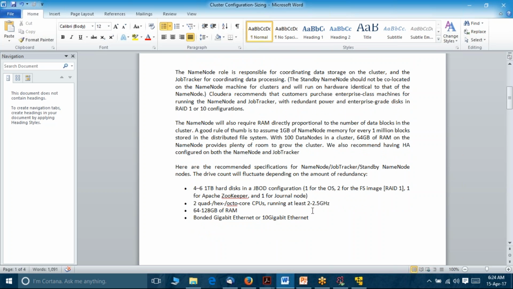You also need to understand one point here. The name node will also require RAM directly proportional to the number of data blocks in the cluster. How do you decide the RAM for your name node? A good rule of thumb is to assume 1 GB of name node memory for every 1 million blocks stored in the distributed file system.